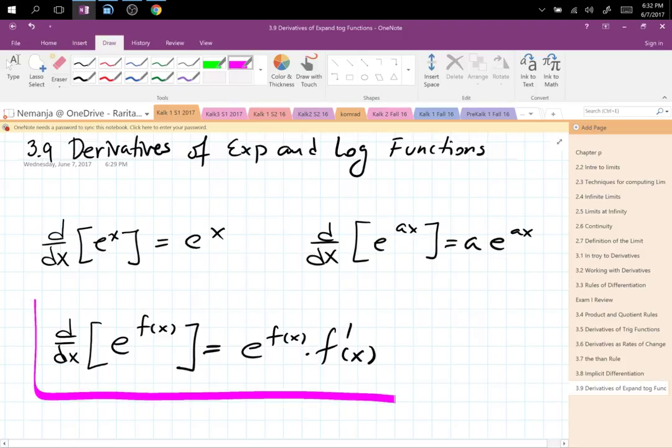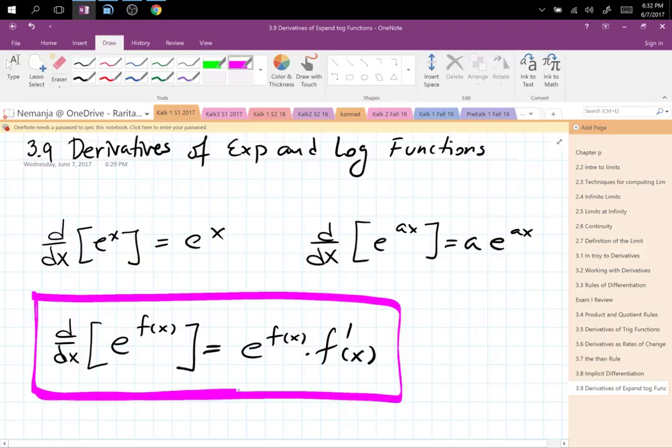And that is a big formula right there. It's chain rule. Yeah. Exactly.